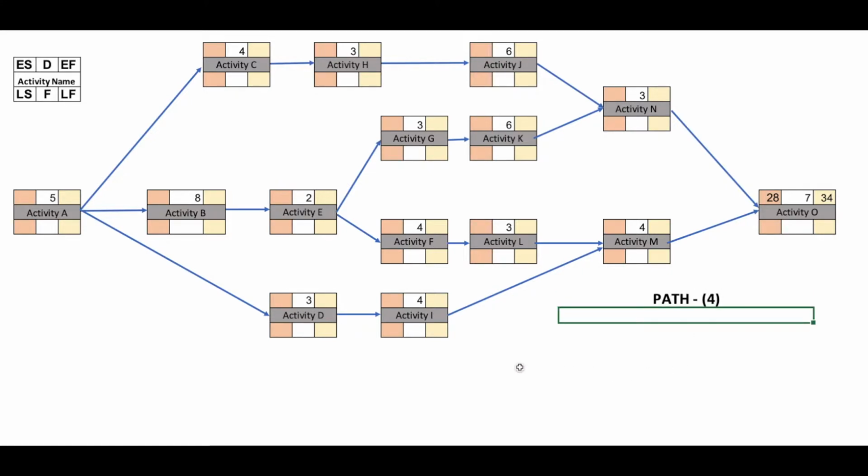The first one: activity A, activity B, activity E, activity G, activity K, activity N and activity O. So this is our first path.